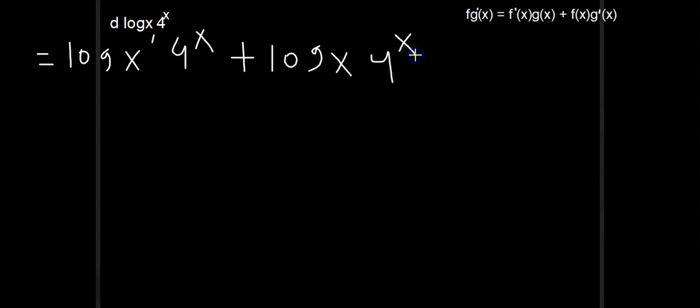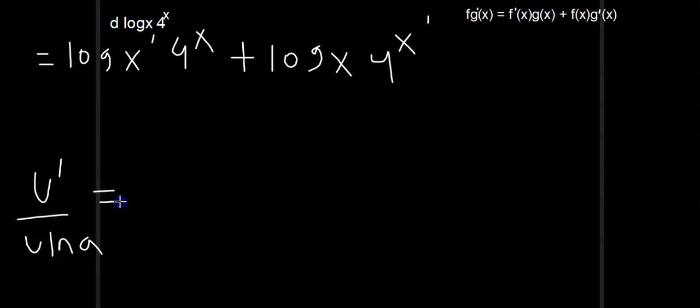The formula for derivating log of any function u is u derivative over u ln a. In this case I don't have a, but my a value will be 10. If you don't have a, you take 10 as a.